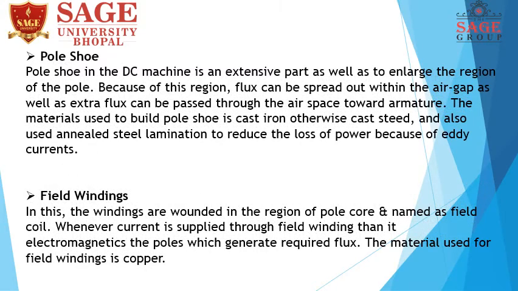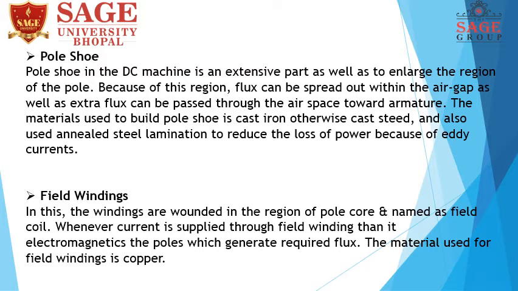Moving forward, the pole shoe. The pole shoe of a DC machine is an extended part enlarged toward the region of the pole, so that the flux can be spread out across the air gap and extra flux can pass through the air space toward the armature. These pole shoes are made up of annealed steel laminations and some cast iron materials.